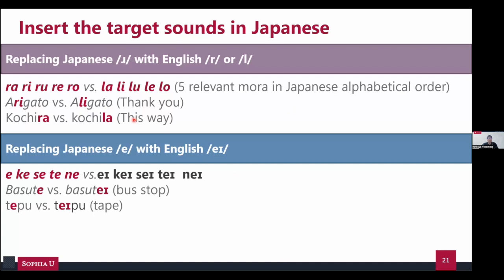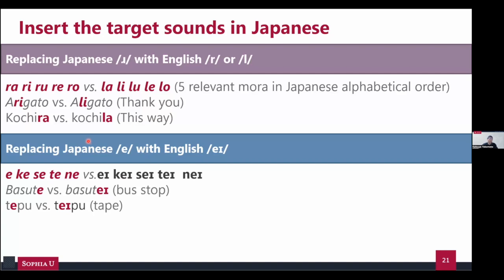Okay, so you can use Japanese words to replace with English L and R, so that the students can actually hear the difference, and then they know those are different sounds, and they start to realize that they are doing it wrong. Okay, so this moment is necessary. When you teach vowels, you can actually do the same kind of thing too. E, ke, se, te, ne versus a, ke, se, te, ne.